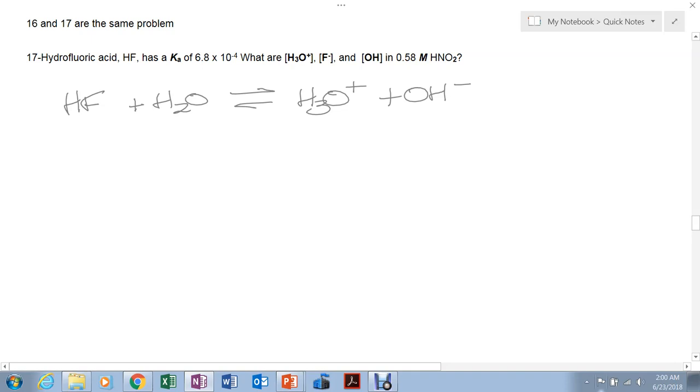The Ka equals 6.8 times 10 to the negative 4. Okay, and here its value seems high. By the way, this is HF. The concentration of the acid is high.